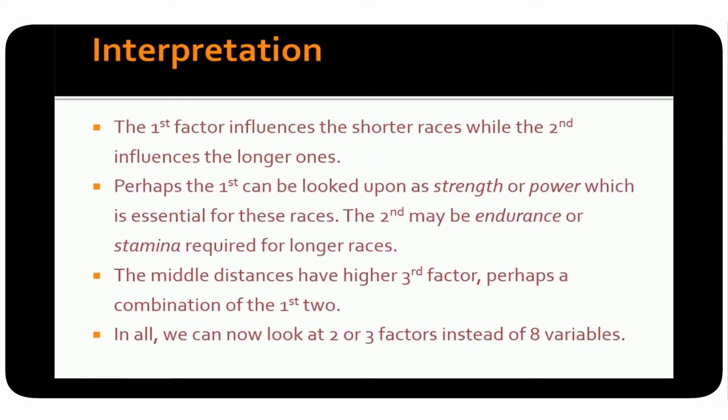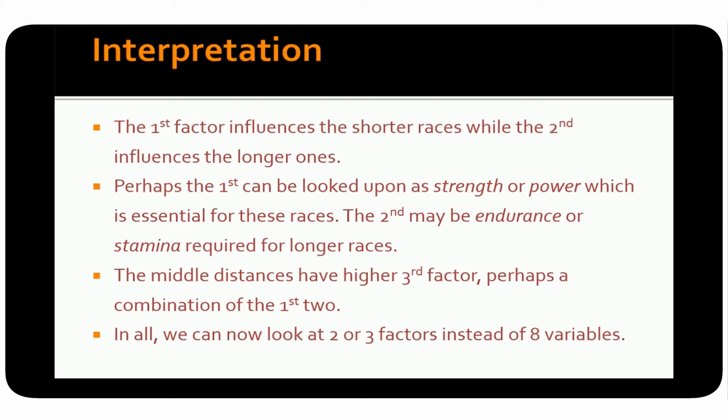It means that now we have the second factor, which is more highly loaded towards the longer distance races. Of course, we need to talk to the experts about this, but this clearly indicates that there is some factor which influences the smaller races more and is not so influential for the longer races.